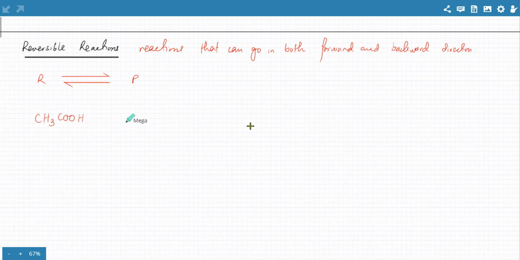It would ionize, and the ions could actually join back again. The negative and positive ions can connect to each other, and they can join up again. So it could go in both directions, both forward and backward, pretty much at the same time. That's known as a dynamic equilibrium.